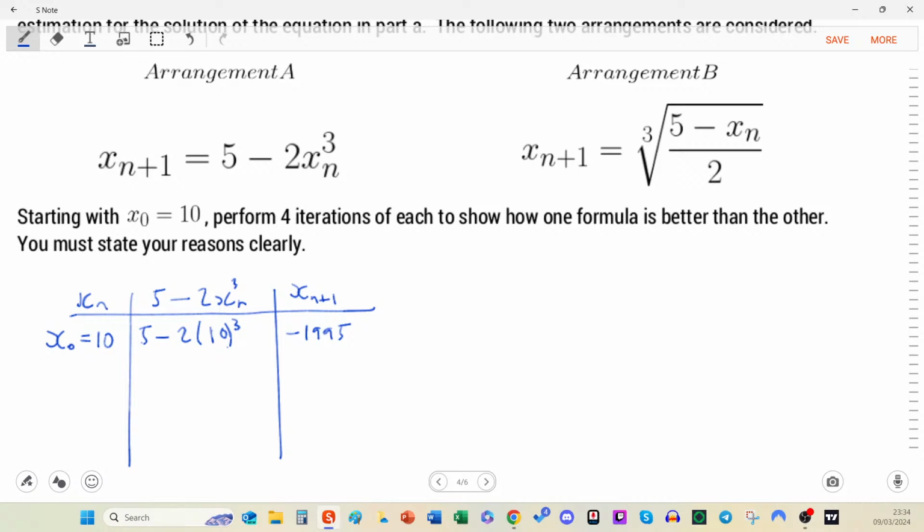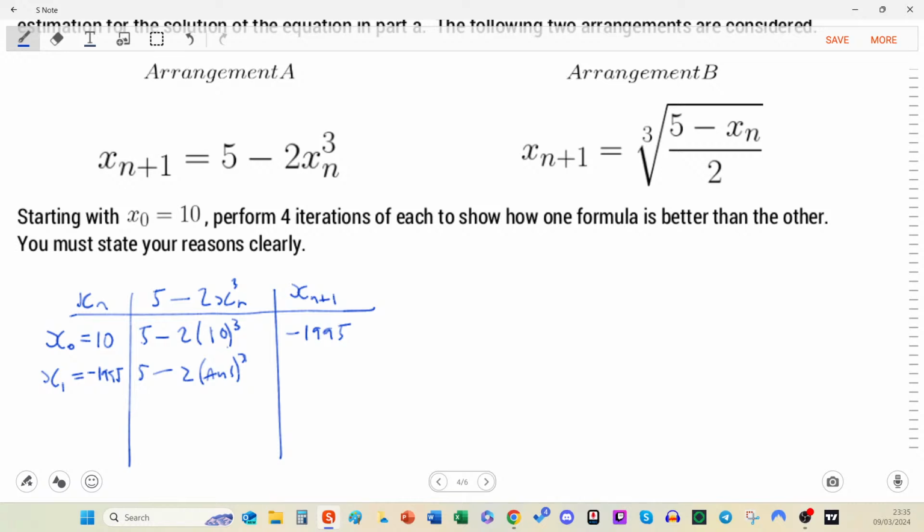Right, what we do for this next one, so we know now that x1 is negative 1995. We put in our calculator not that number, but instead we use the answer button like this. So we have to type in 5 take away 2 times, open bracket, press the answer button, and then cubed.